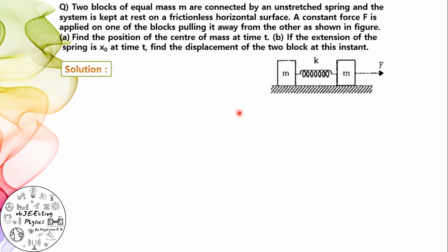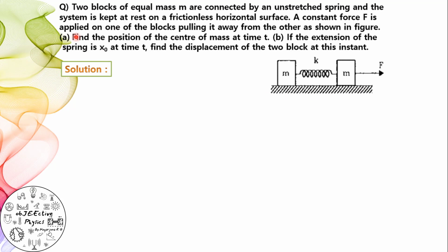As for the question, two blocks of the same mass are connected by an unstretched spring of spring constant K. Now, a constant force capital F bar is applied on one of the blocks, pulling it away from the other as shown in the figure.